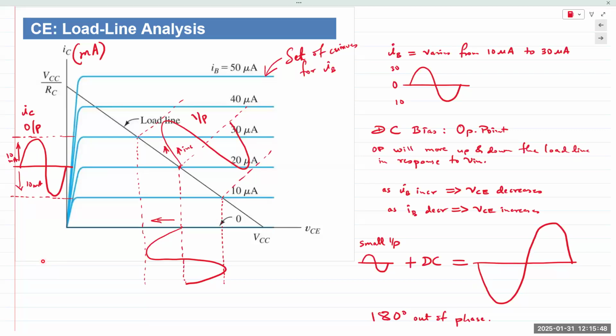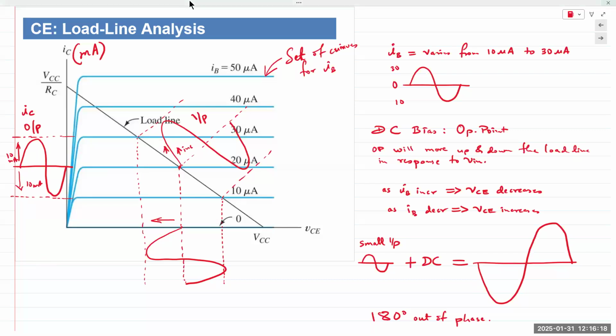Here's what happens. If you extend this line to the x-axis, we can find values for VCE, collector to emitter voltage. Okay, that's the intersection point. So if you look at the intersection point, the maximum value of the input gives you the minimum value of the output.